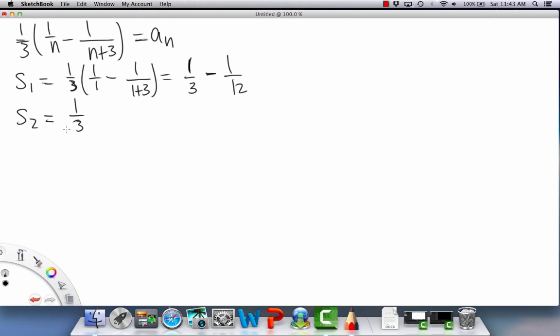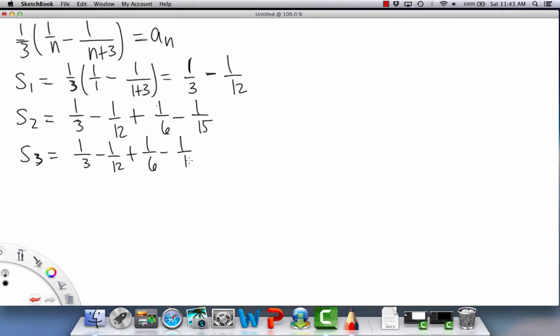So s sub 2 would be a1 plus a2, so I'm going to write this a1 here, and the a2 part turns out to be 1 over 6 minus 1 over 15. I'm going to write quite a few so that we can really see the pattern, and it'll be easier to identify. These are the first two terms, and then we add on the third term, which turns out to be 1 over 9 minus 1 over 18.